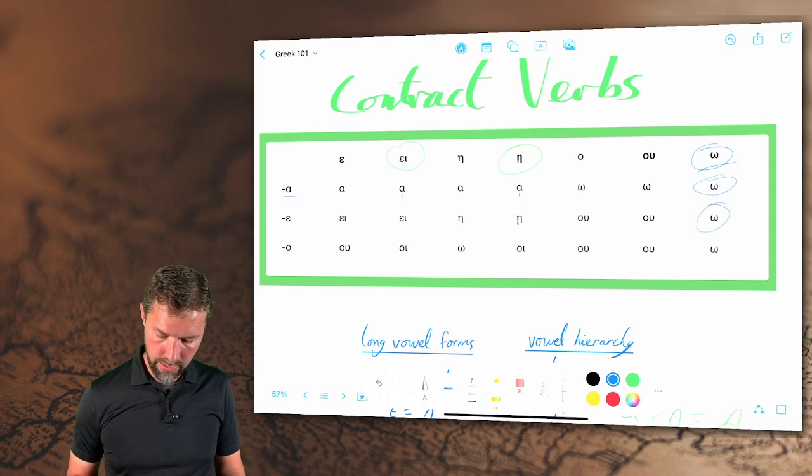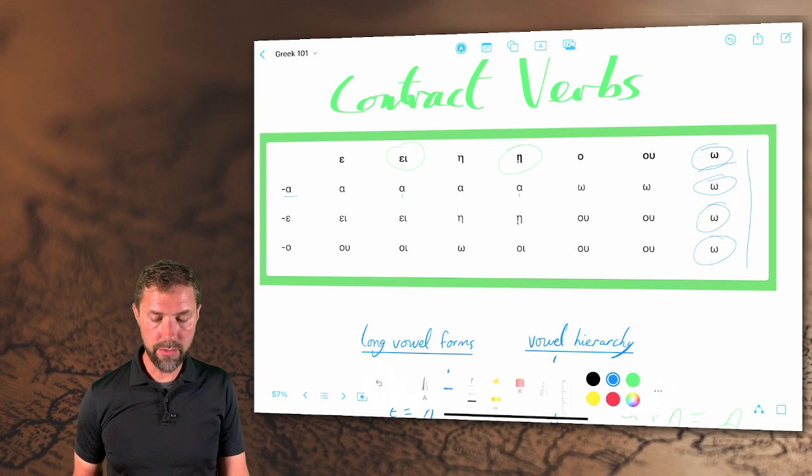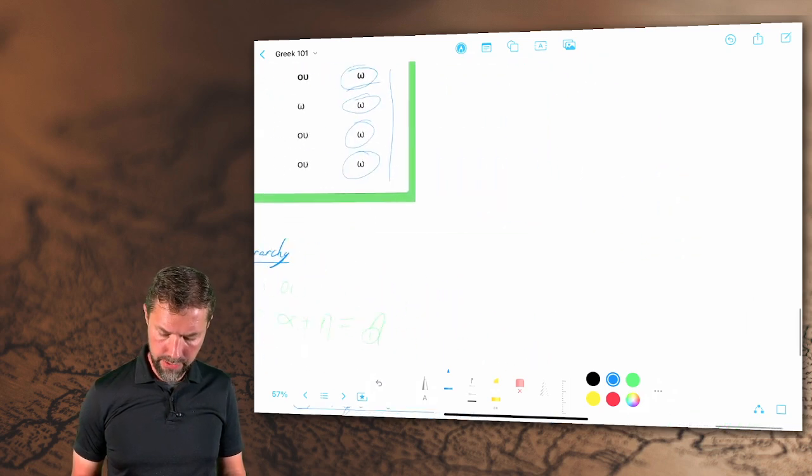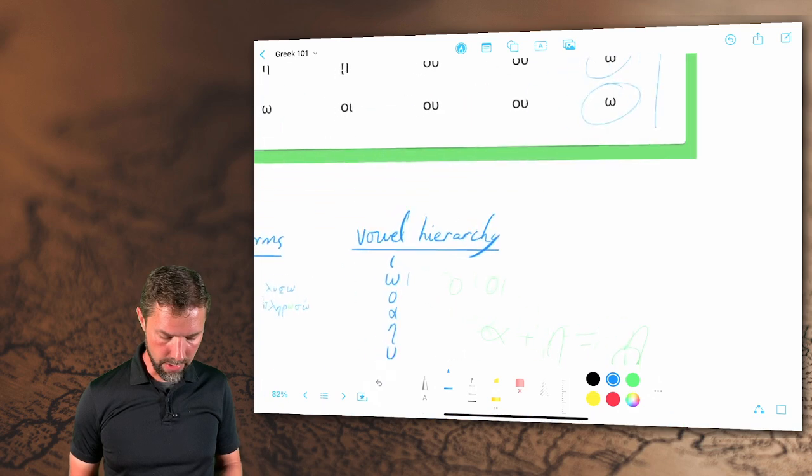Epsilon into omega, end up with omega, and so forth. So an omega is a really strong form, if you want to refer to it that way or think of it that way. After that I have next in my hierarchy an omicron.